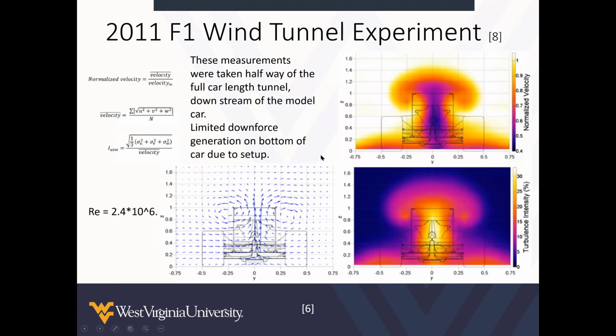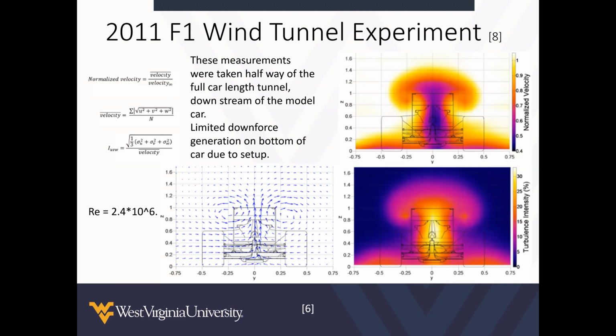So this was a study done on the 2011 Formula One rules. They were doing wind tunnel testing on a model, and they were looking at how the velocity of the car changes right behind the model, and then half a car length behind the model, and then a full car length behind the model.